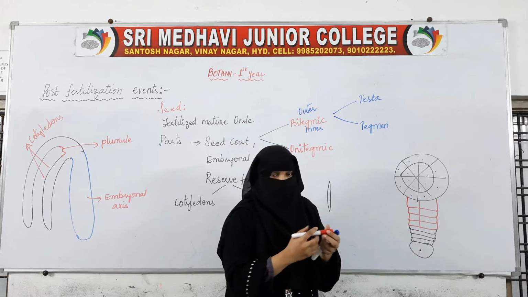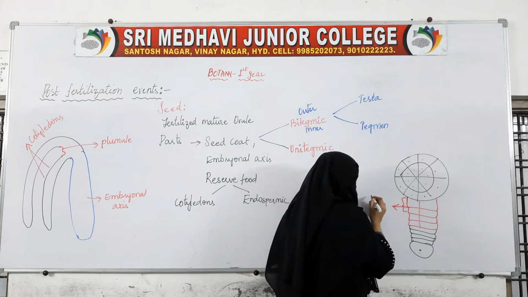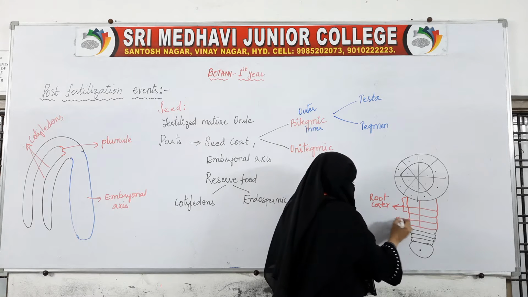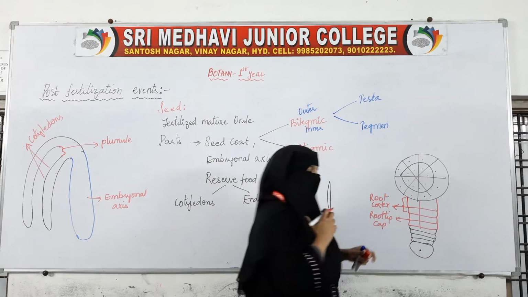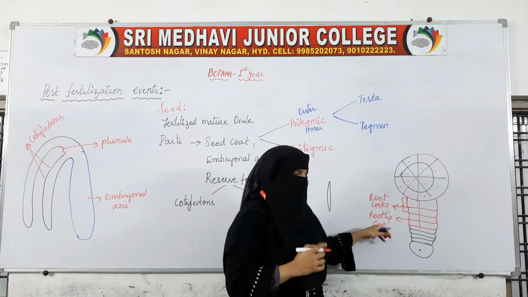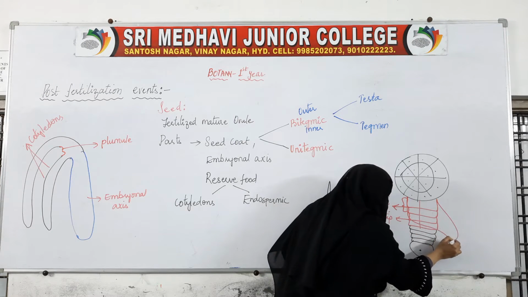So this was how the globular embryo was there. Now this part has changed into root cortex. This has changed into root tip and root cap. So here this formation will be there.